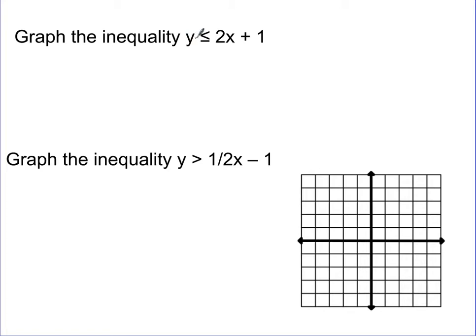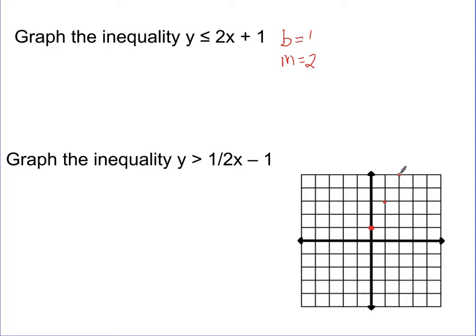When we graph an inequality, the first steps are just like we would with an equation. Especially when they're in slope-intercept form, all I need to worry about is the y-intercept and the slope. For this equation, my y-intercept is 1, my slope is 2, so I graph the y-intercept here, and the slope is up 2 over 1.